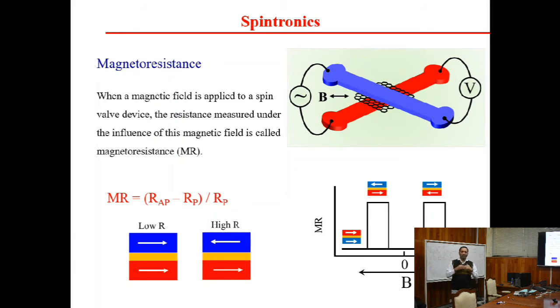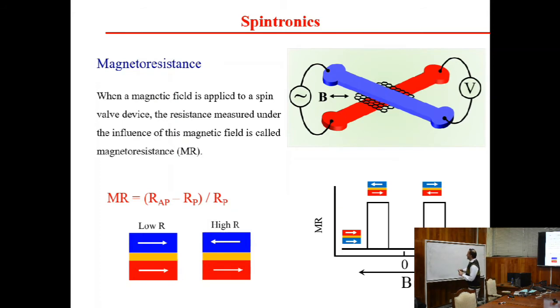When resistance is higher, you have the high resistance state. When both charge carriers or spins are aligned in one direction, you will have the low resistance state of the junction. Then you are creating two kinds of states, the high resistance state and the low resistance state. That is actually 1 and 0 bit memory.